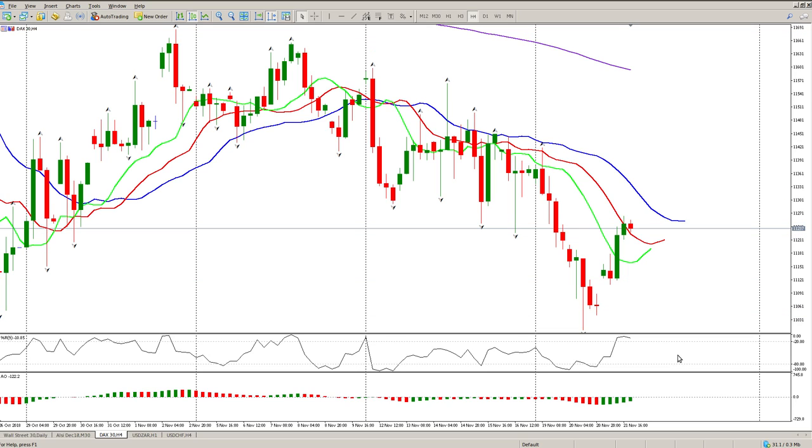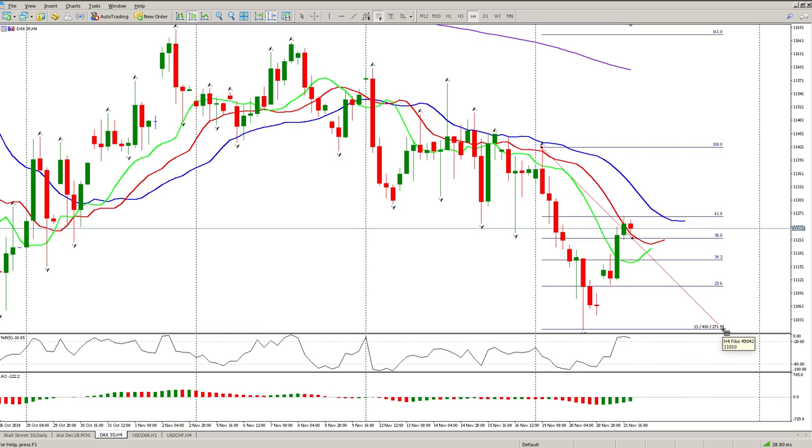Okay, so I just want to get rid of all the noise, and let's just look at this logically at the moment. We want the fib. So this here was the first swing low. There is my first swing low, and you can see we tagged 61.8, and now we have an inside bar.